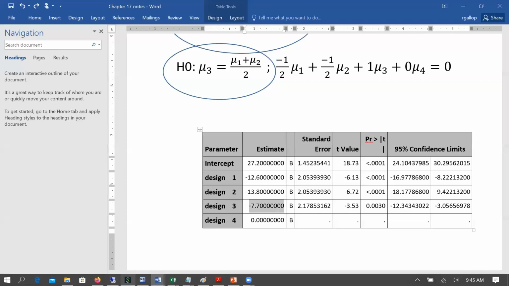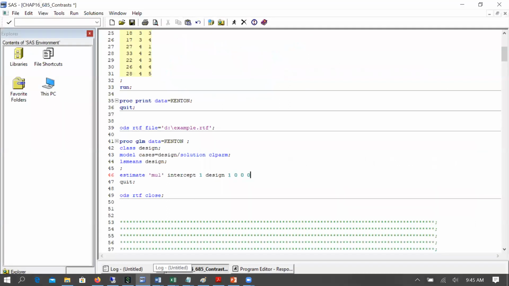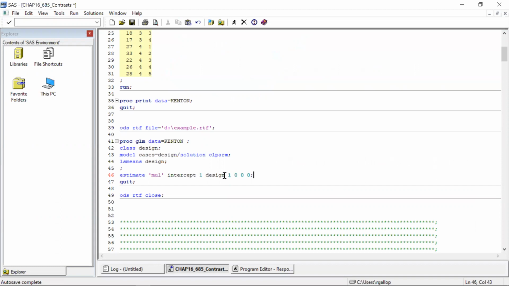So when I go here, SAS is doing all that. Now, if we recall, that becomes our first estimated cell mean. This is not a contrast. This is an estimate. And it's not a contrast because the coefficients do not sum to 0. The big thing is in this estimate statement, we have 2 terms: the intercept parameter and the design variable.